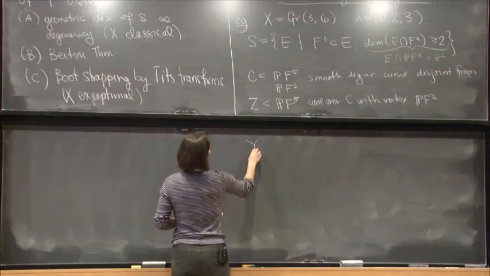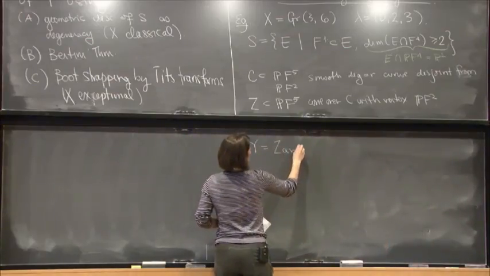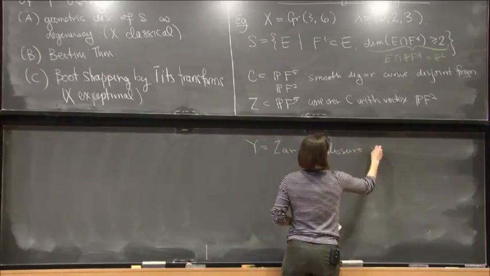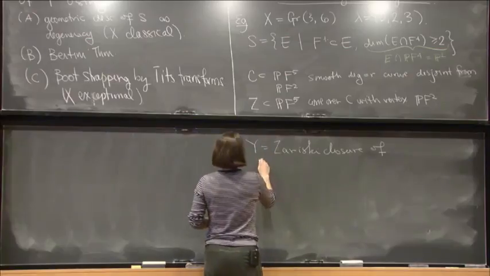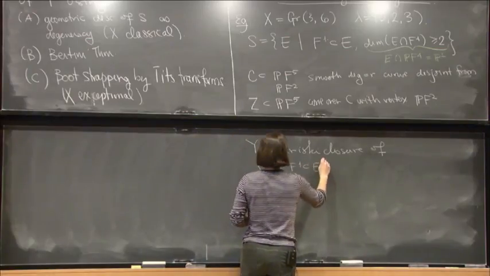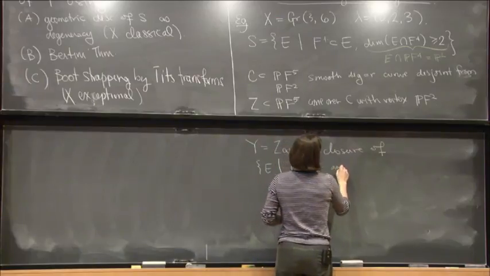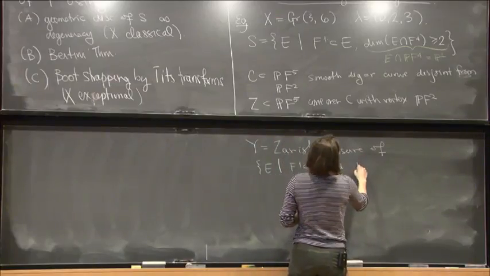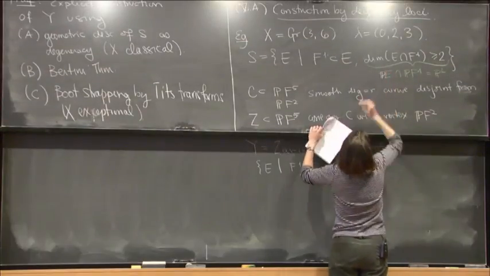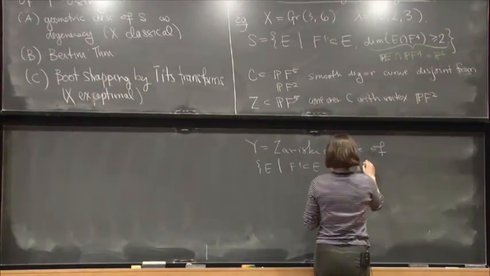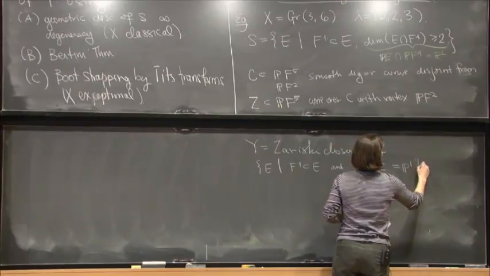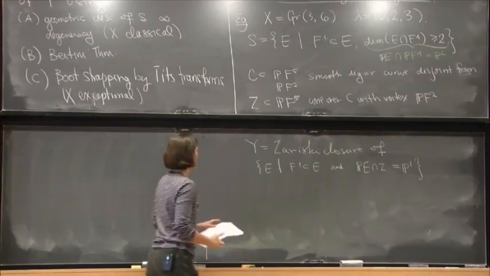And then let Y be the Zariski closure of the set of all 3 planes, again, such that F1 is contained in E. But now we ask that PE intersect with Z should be a line. Okay.